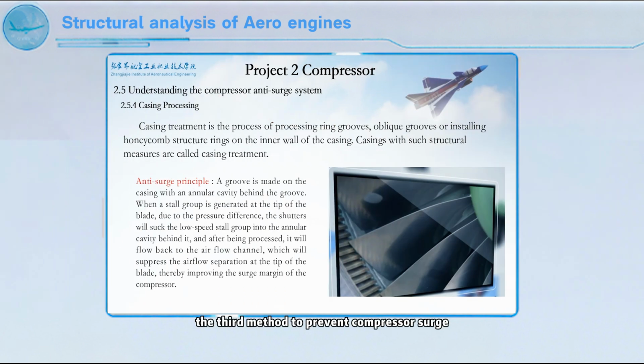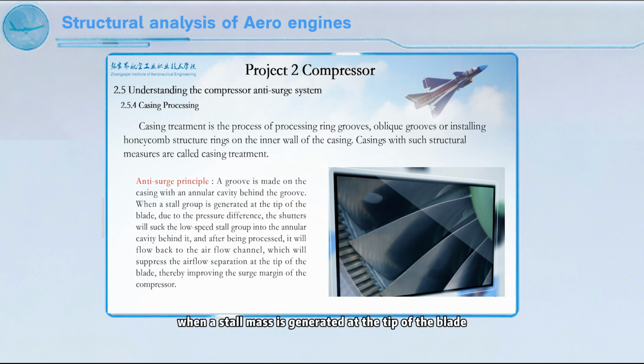The third method to prevent compressor surge is casing treatment, which is to process ring grooves, inclined grooves, or install honeycomb structure rings on the inner wall of the casing. As shown in the figure, the fan processing casing of the RD-33 engine is composed of a groove on the casing with an annular cavity behind the groove.